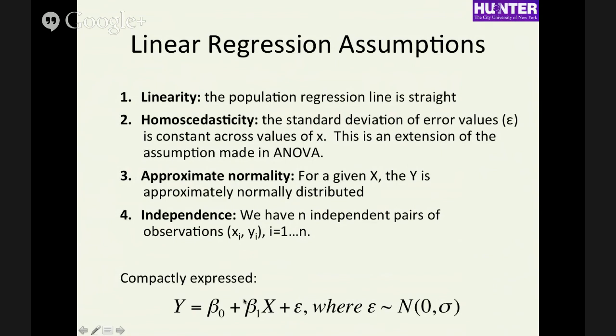So don't worry about the equation too much, but this is what your linear regression, the results of your linear regression, is estimating: this intercept, this slope, and then also your residuals as a byproduct.